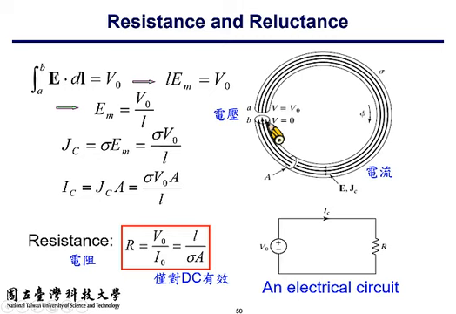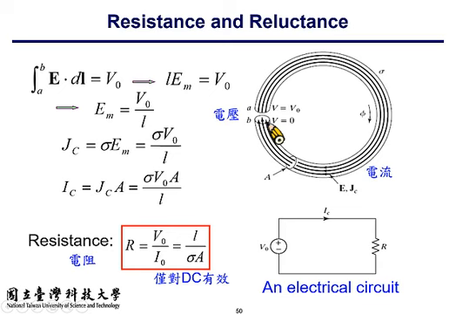And for the DC case, the current can be evenly distributed across the conductor. So here we have A. It's proportional to the cross-section area, but for alternating current, it's not related to the cross-section area. All right. But anyway, for the DC current, you have this result.